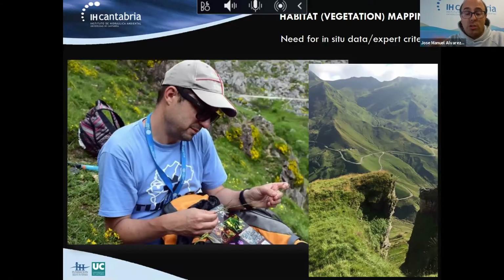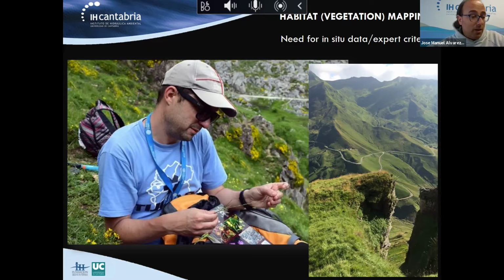This is the second keyword I wanted to highlight in the title: moving in situ data towards landscape management. We have a big pathway in the middle that I will try to explain during the time we'll be together. The first thing we need is the in situ information, and it needs to be collected following expert criteria.